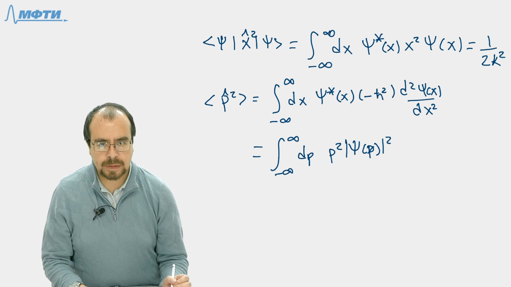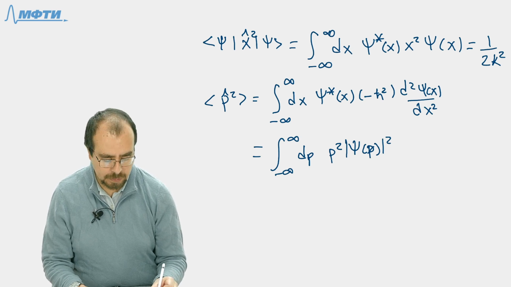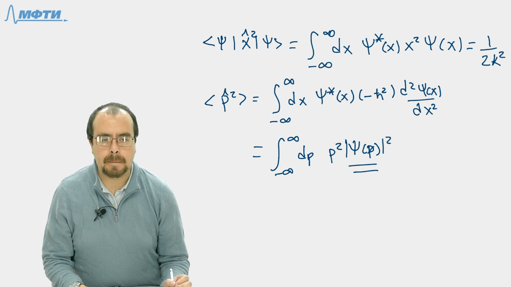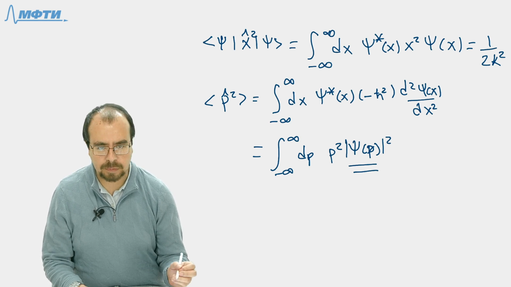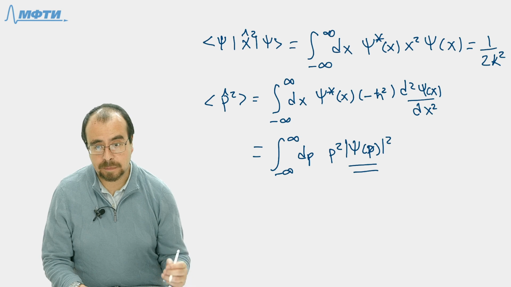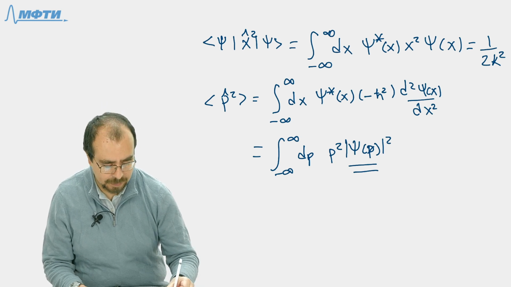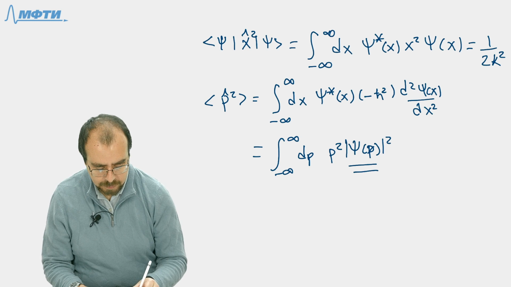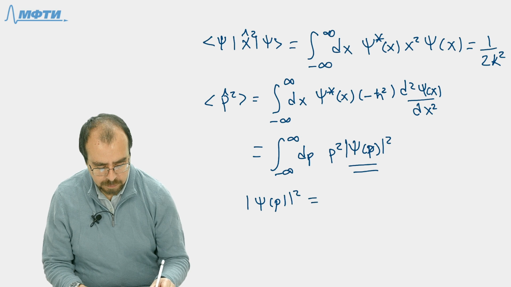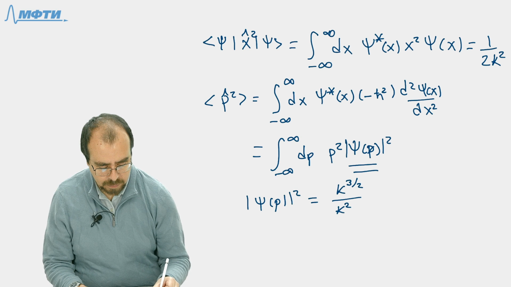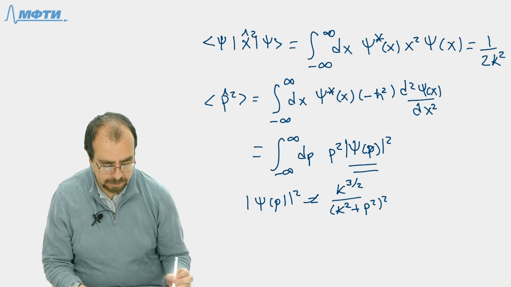So in the previous class we obtained this probability function. It was something like this, right? This probability is equal to something like k squared plus p squared, well, proportional to this.